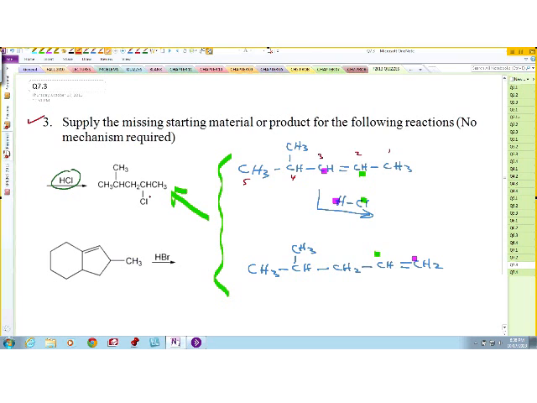Is that your question? But the product we gave you is this. You have to look at the product. If this is the product, then the hydrogen cannot go to carbon number 2. So you have to look at the product we gave you in order to give you the possible solution to that problem.